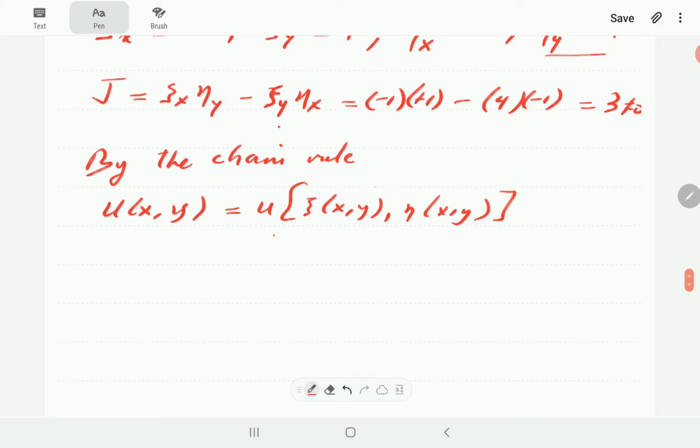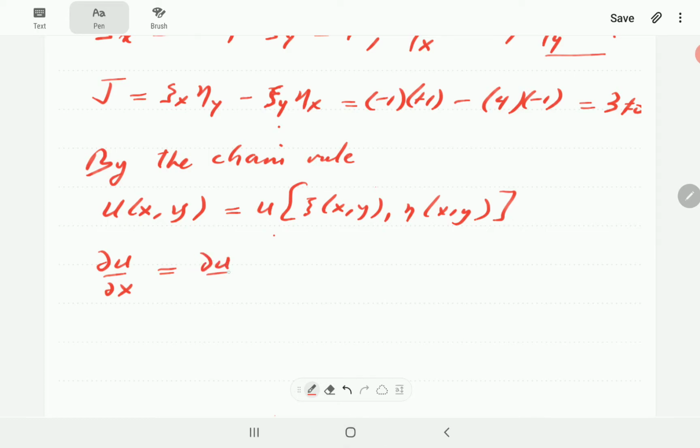So I'm just going to do an example. Partial u, partial x. In this case, u relates to x through xi.